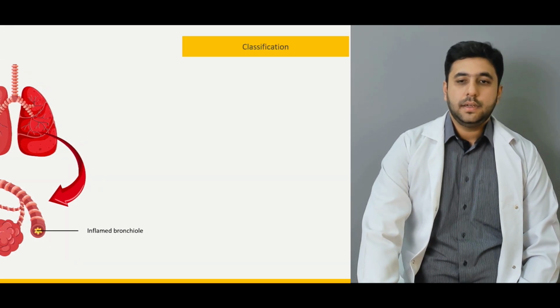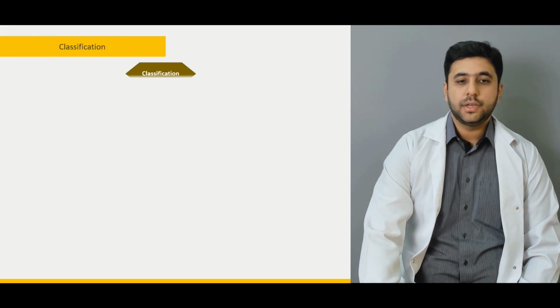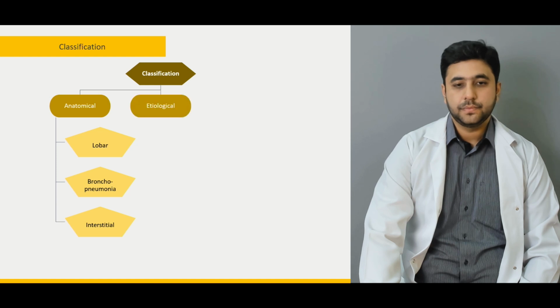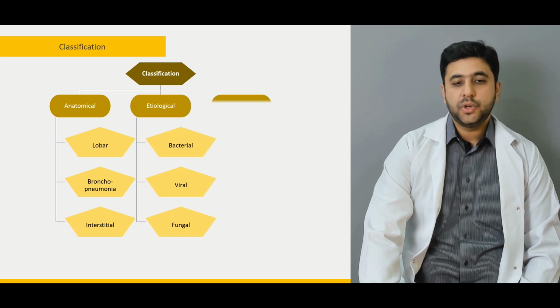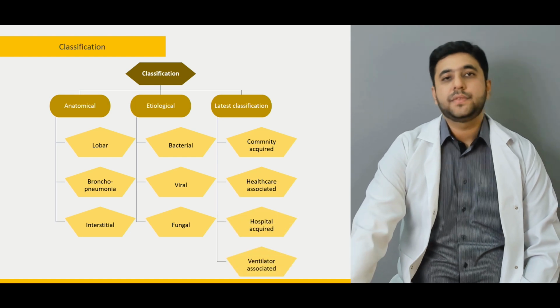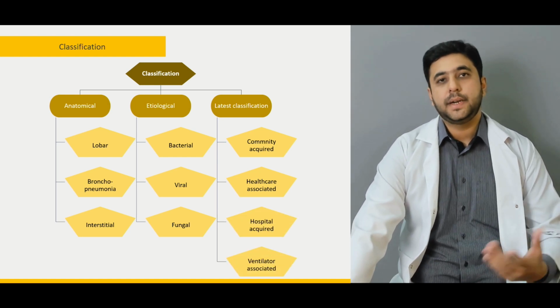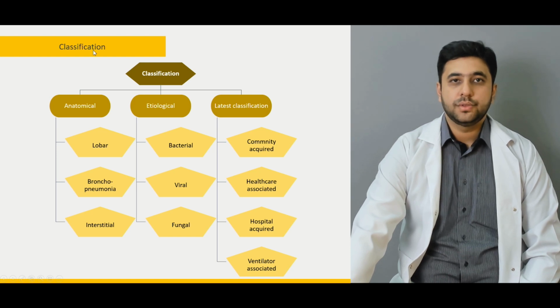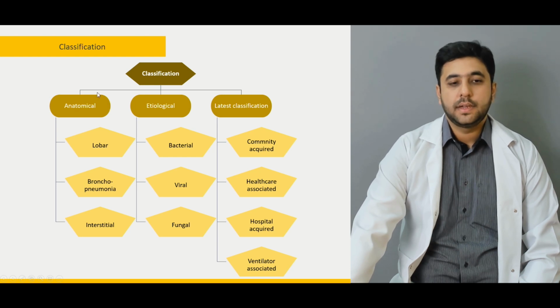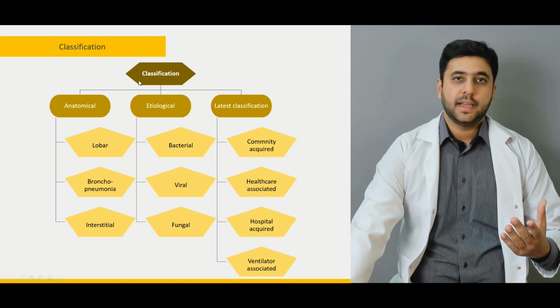Now, after this brief definition, let's go into the various ways we can classify pneumonia. Pneumonia can be classified in various ways for the ease of discussion, for the ease of treatment, and for the different modalities we can use to diagnose pneumonia. The simplest classification is the anatomical one, where we define the pneumonia according to the part of the lung it infects.